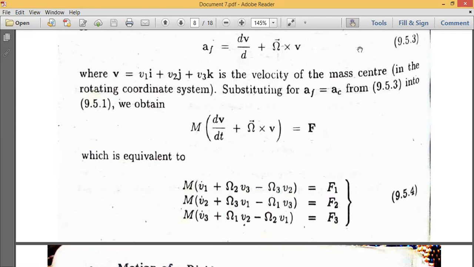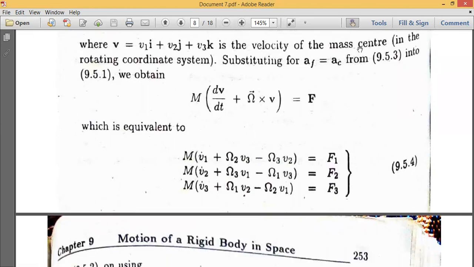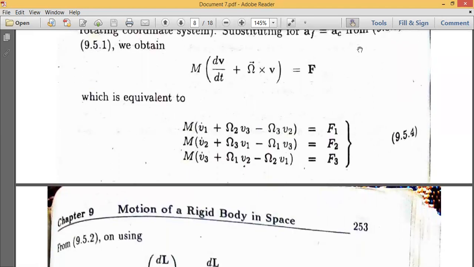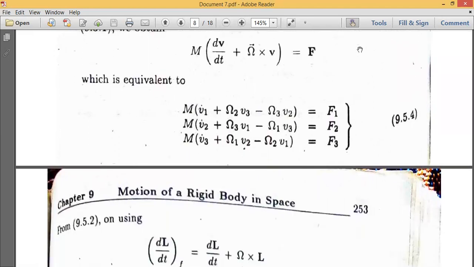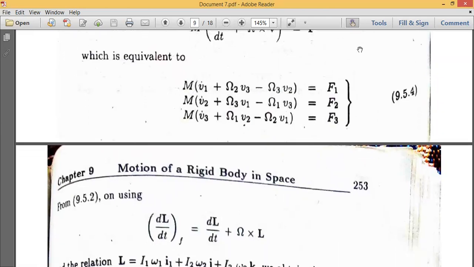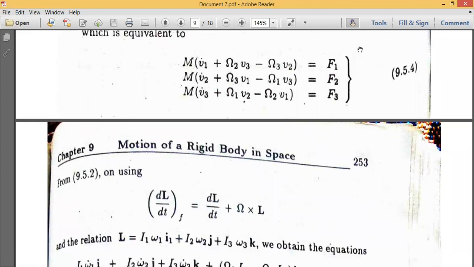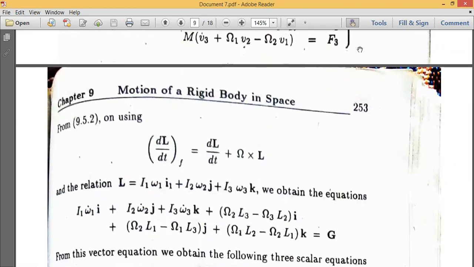which is equivalent to M times (v1 dot plus omega 2 v3 minus omega 3 v2) is equal to F1. M times (v2 dot plus omega 3 v1 minus omega 1 v3) is equal to F2. M times (v3 dot plus omega 1 v2 minus omega 2 v1).